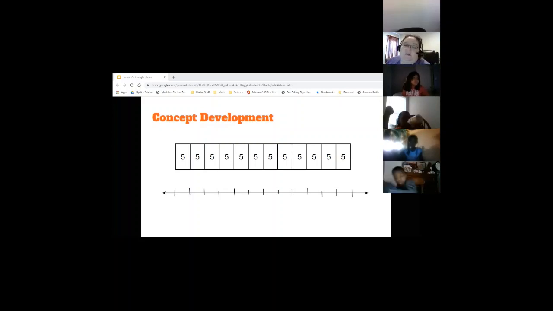You can type an answer if you'd like. If you don't want to answer out loud, you can type an answer. What do you notice about the relationship between our tape diagram, which is this guy here at the top, and our number line, which is this guy here at the bottom? What do you notice?